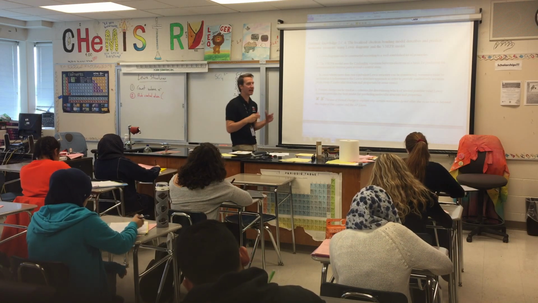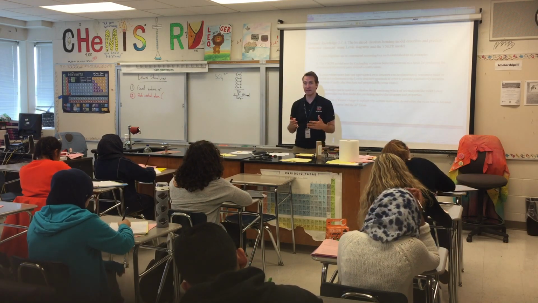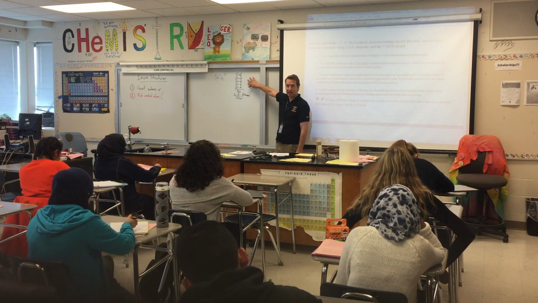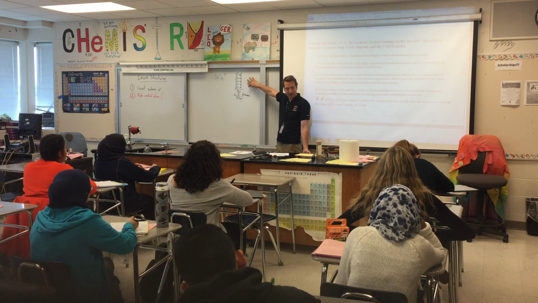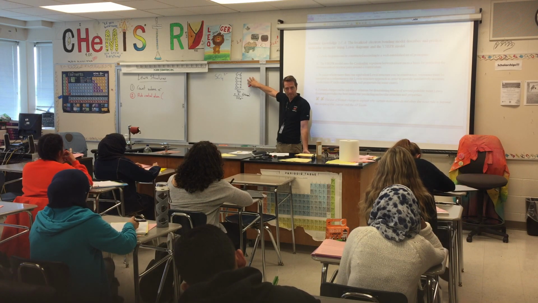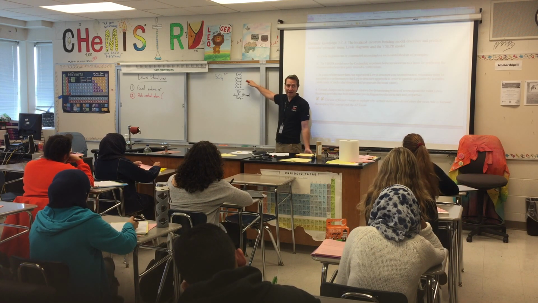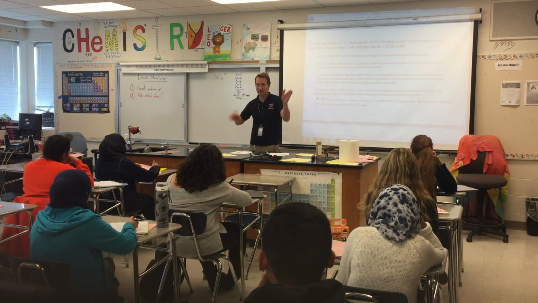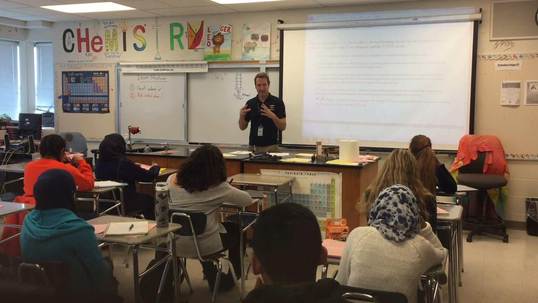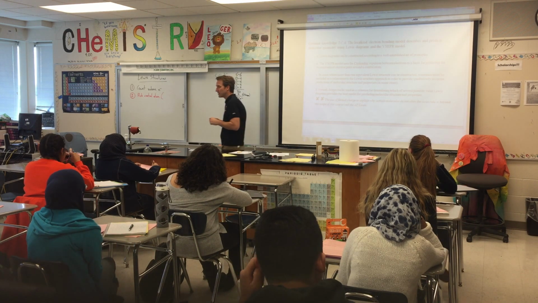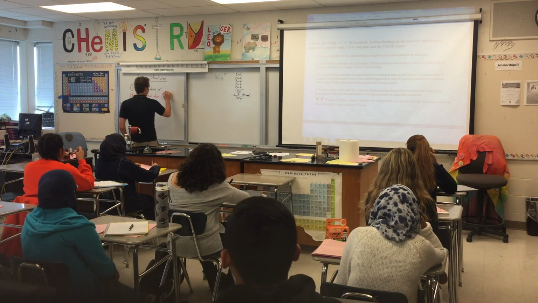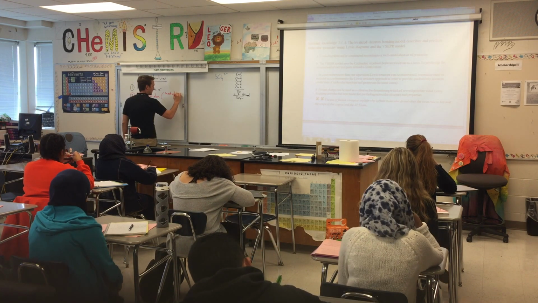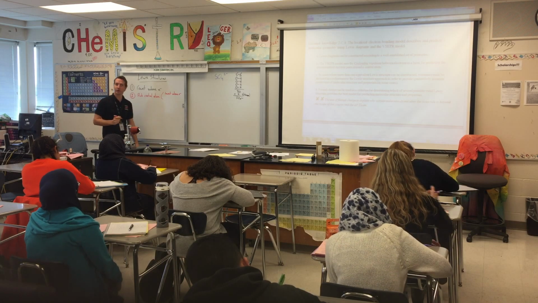Usually the central atom is the atom that needs to make the most bonds, so the one with the lowest number of valence electrons. These all have the same number of valence electrons, so that rule's not going to help. But if one of these had 5 and the other ones had 6 and 7, you'd put the one with 5 in the middle because it needs to make the most bonds to get to 8 to achieve a noble gas configuration. So our first rule is lowest valence electrons.